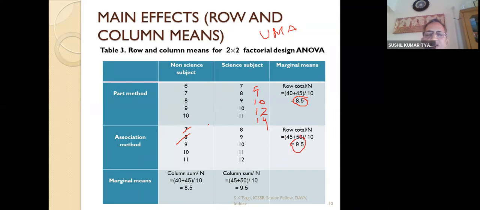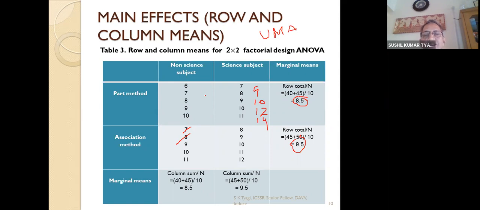Weighted mean means they have been calculated by considering the sample size of each cell, every individual score. All these scores have been summed up, totaled, and then divided by 10. So this is a weighted mean. A weighted mean takes into consideration each and every score.